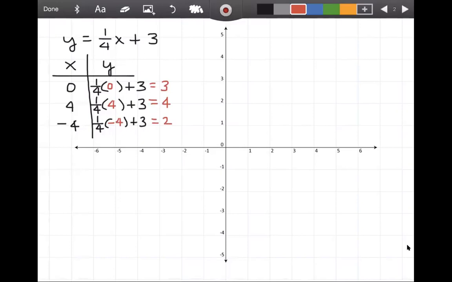So this time the ordered pairs I'm going to be using are 0, 3, 4, 4, which means go 4 to the right and 4 up. And then -4, 2.